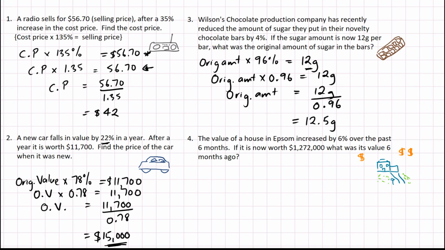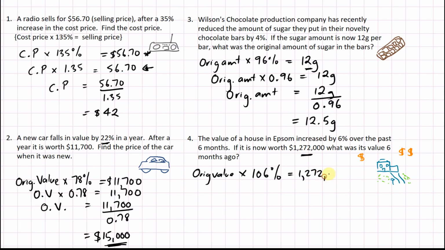Okay, number 4 here. We've got a value of a house increased by 6% over the past 6 months. So an increase of 6% means the original value is multiplied by 106%, and it will give us this value here.